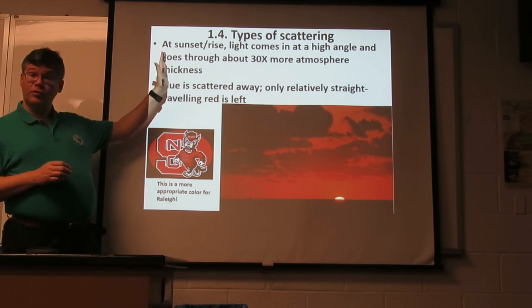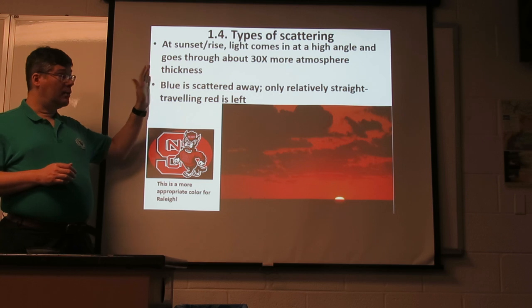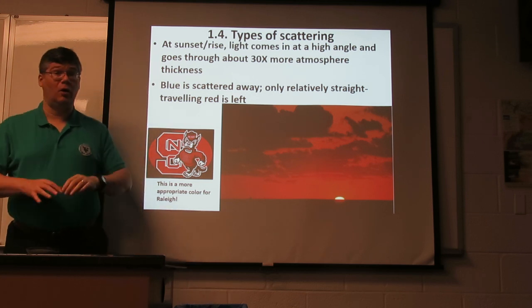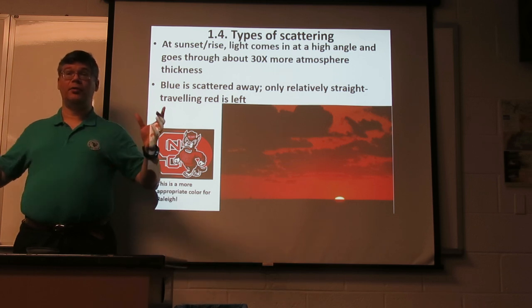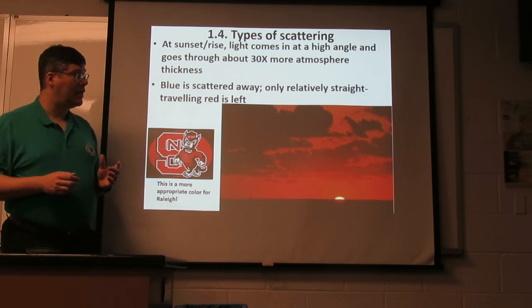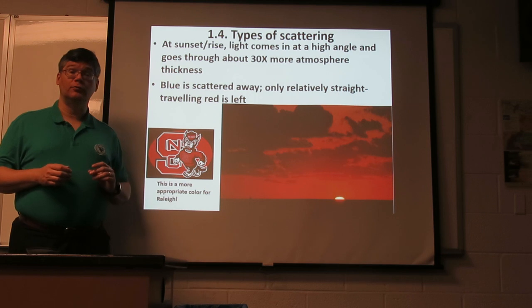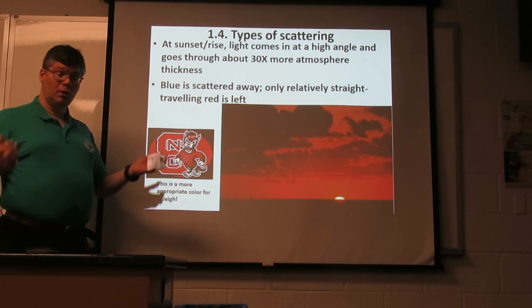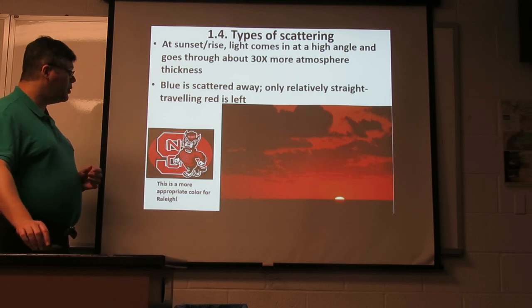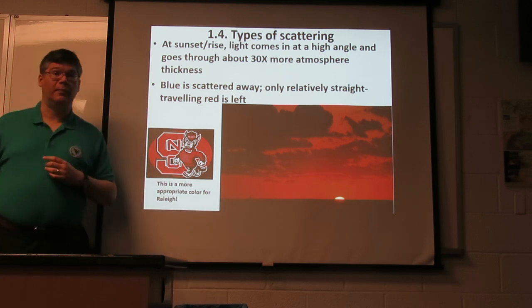And going through so much more air, the blue has all been scattered away, and we're starting to scatter out the red. And so we get the red look of a sunset or sunrise due to Rayleigh scattering as well.